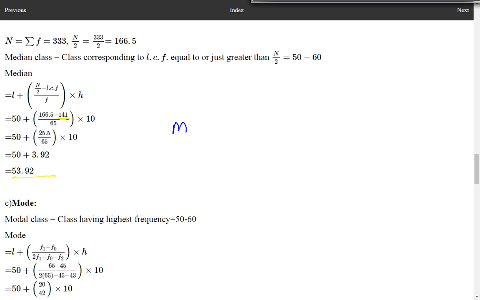So median is equal to 53.92. You stop or pause the video for a while and verify all these calculations once again. So median is equal to 53.92.